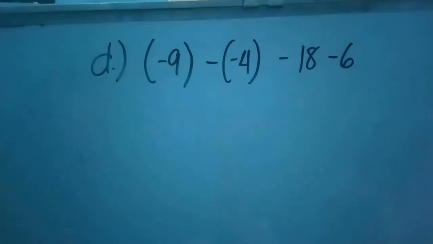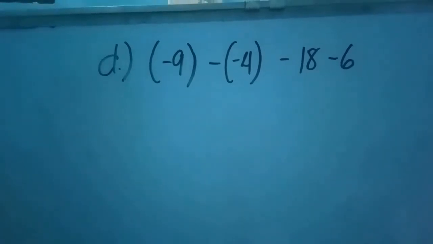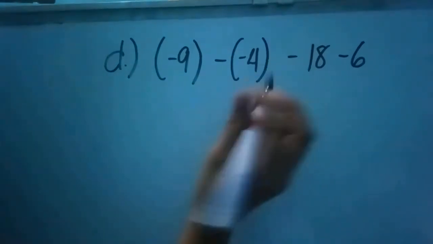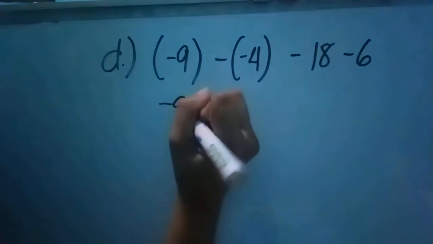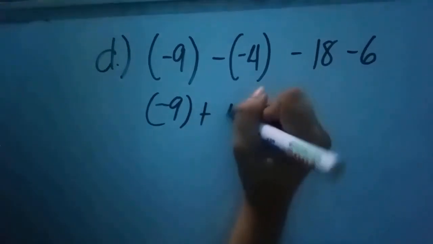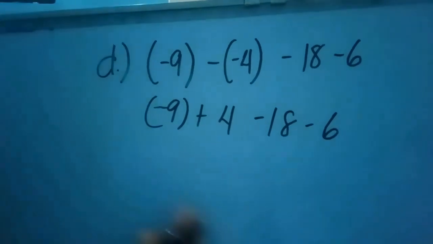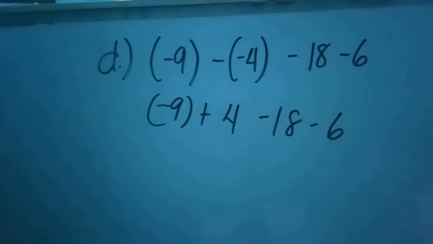So we have negative 9 minus negative 4 minus 18 minus 6. Let us change the sign of 4. Negative times negative becomes positive. So negative 9 plus 4 minus 18 minus 6. Negative 9 plus 4 is unlike sign, so we're going to subtract.